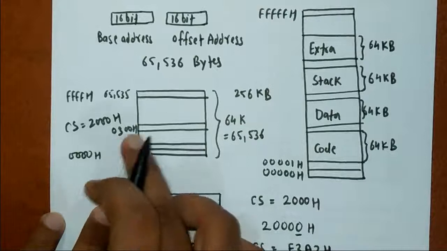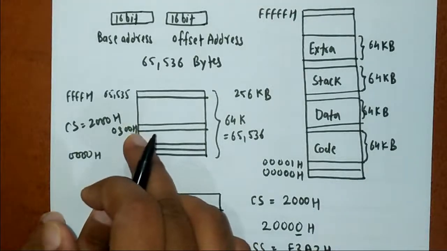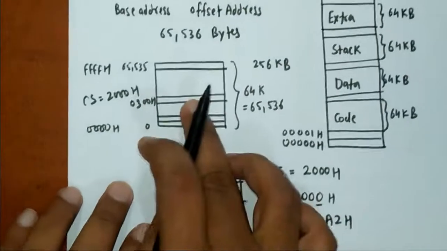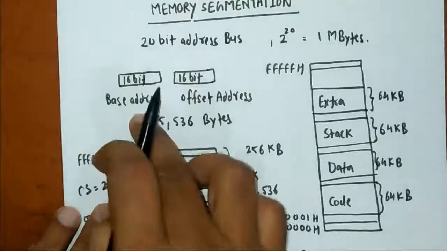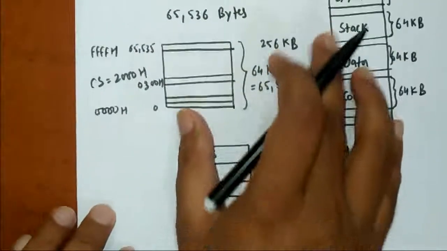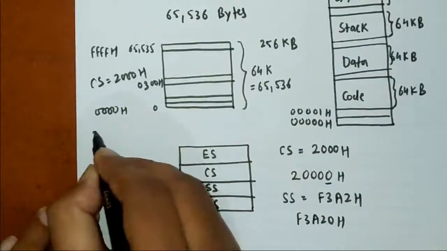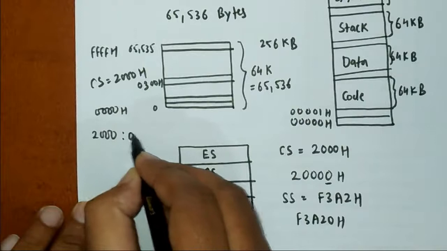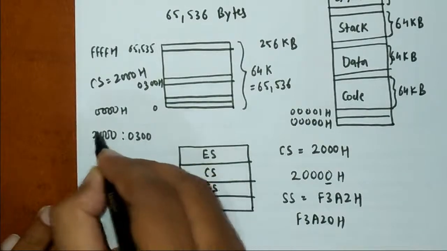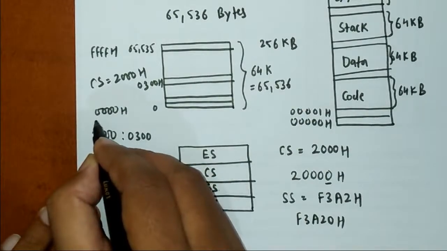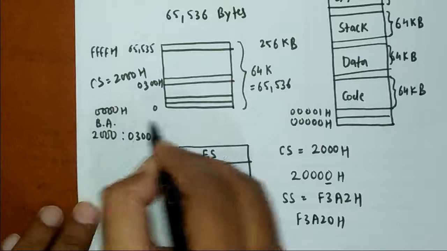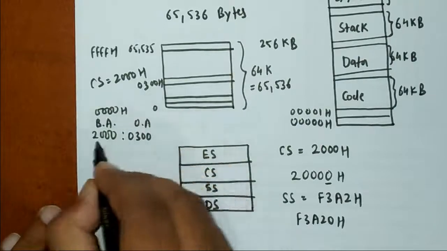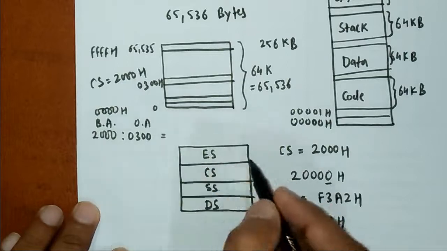Then how will we represent the 20-bit address of this particular memory location? As I told you, there will be a base address and an offset address. So here the base address will be 2000, and in the offset we will write 0300H.